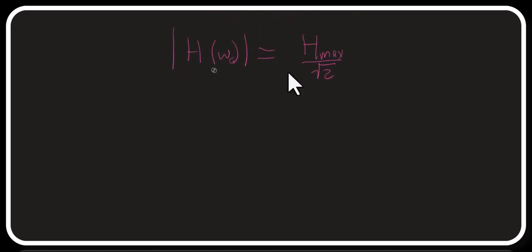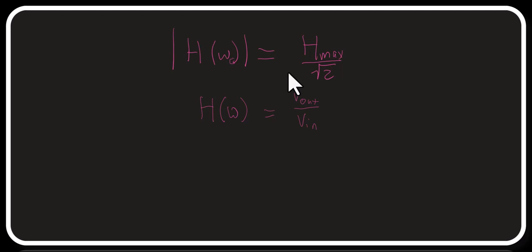Now let's consider why this might be a reasonable definition of the cutoff frequency. We know the definition of a transfer function tells us that the transfer function h of omega equals v out over vn.